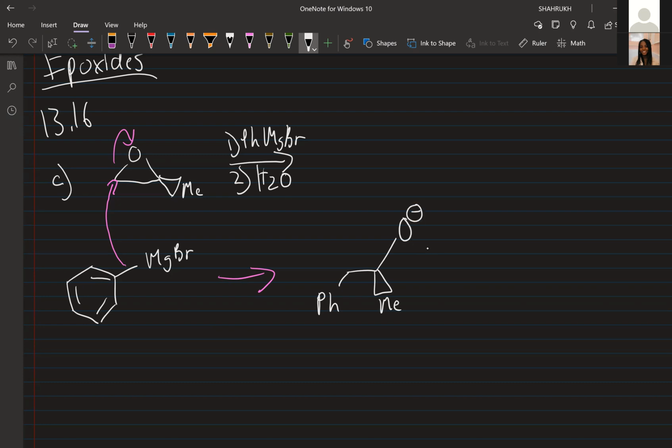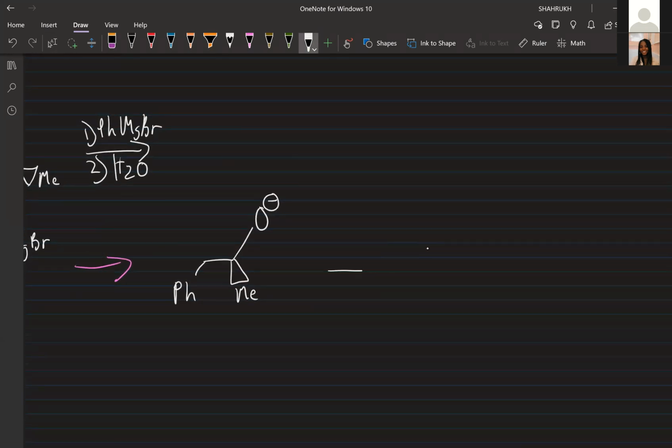The second step is the workup step, where we turn this alkoxide into an alcohol. So the second step is pretty straightforward. It grabs a proton. Remember, we're only grabbing a proton, so the electrons have to go back to whatever acid you're grabbing the proton from. In this case, it's water. Final product.